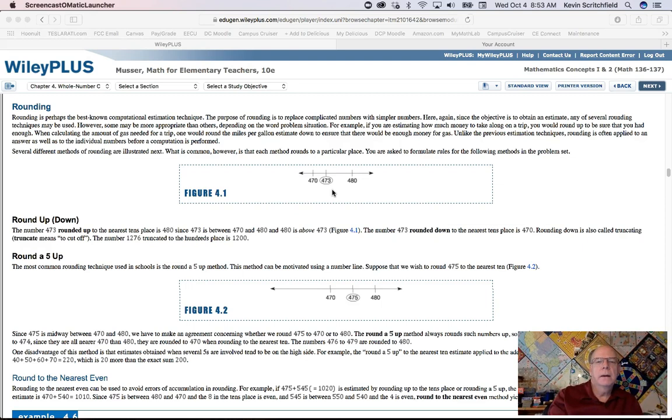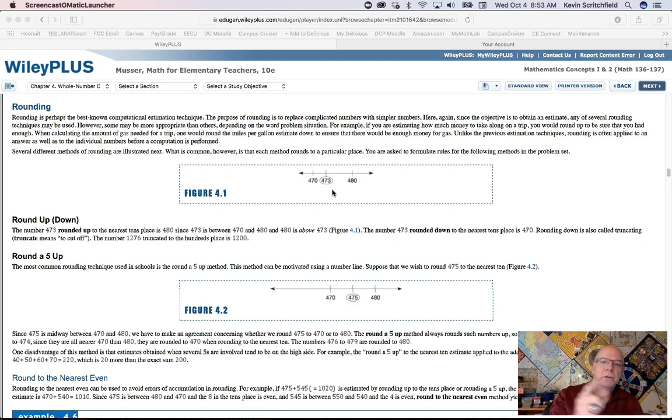The process of rounding is, if we're going to round this to the nearest tens place, first of all, you need to know where the tens place is. In this case, it's the 7 in the number. We look at the number to the right of that, and that determines whether we keep the 7 or round it up to 8. We look at the number to the right, it's a 3.